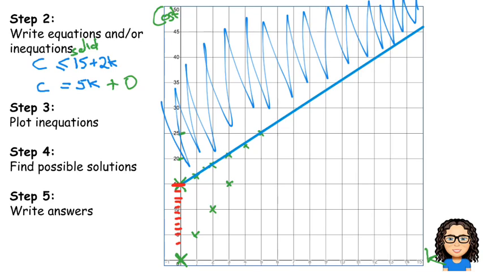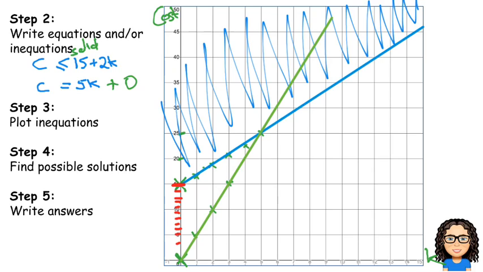And I'm now going to draw that as a solid line, and that will go through about there. Now, I don't need to do any shading for this one because I'm only interested in the values on that line itself.